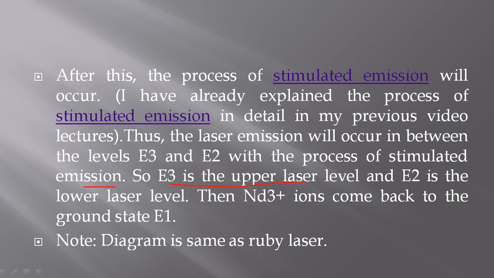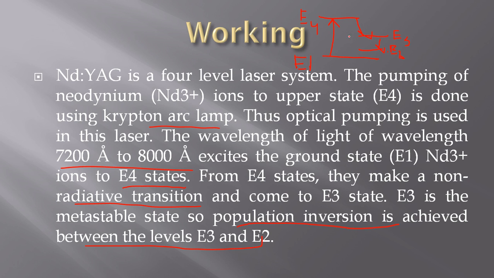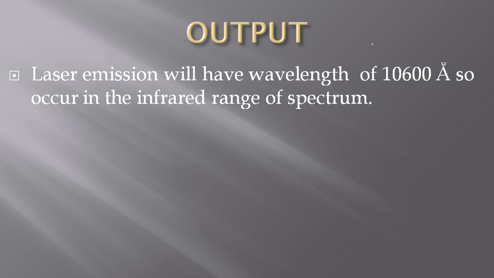Note down, please, the diagram is the same as the ruby laser. Only difference is that in ruby laser I have used the bands. In this laser, the transition is from E1 to E4, then E4 to E3, population inversion between E3 and E2, so laser is achieved between E3 and E2 level.